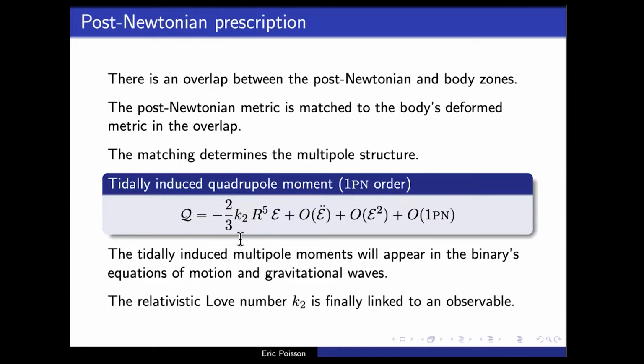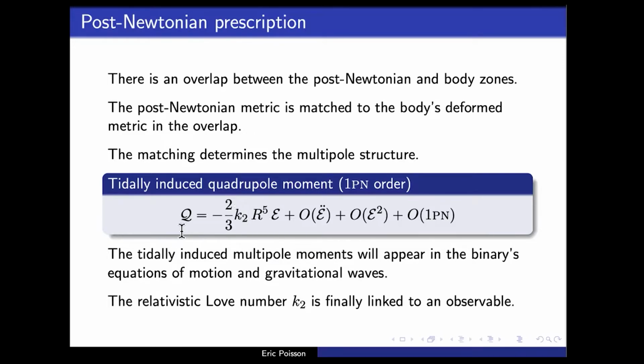That is how you can relate two worlds: the fully relativistic world that gave you the Love number in the body zone, and the post-Newtonian world where you can define multipole moments. And the very careful matching that you do in the overlap gives you the relationship between what lives in the relativistic world and what lives in the post-Newtonian world.